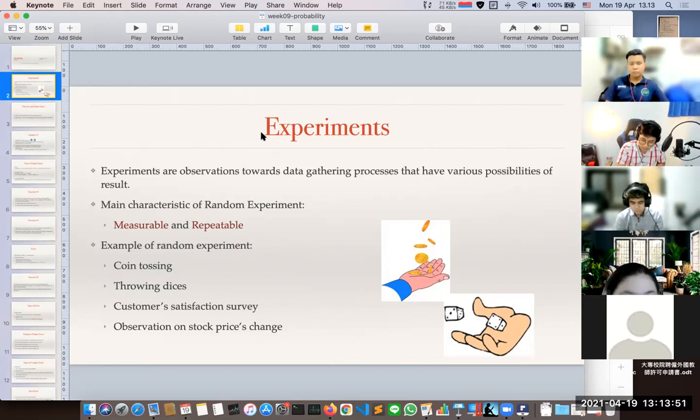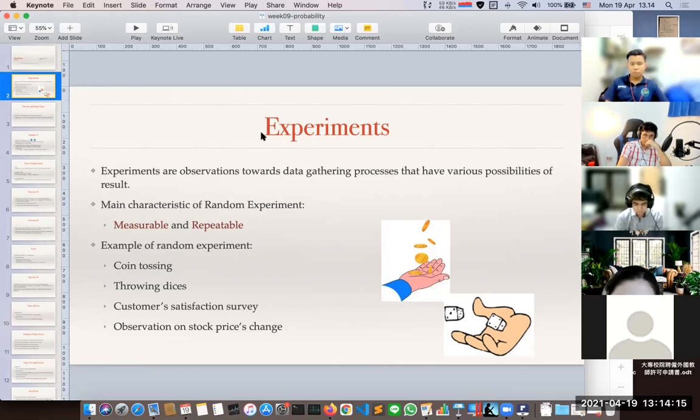However, you need to ensure that when you are performing these random experiments, there are two basic characteristics that you need to hold. The first one is that the experiment that you perform, no matter how random, should be measurable.